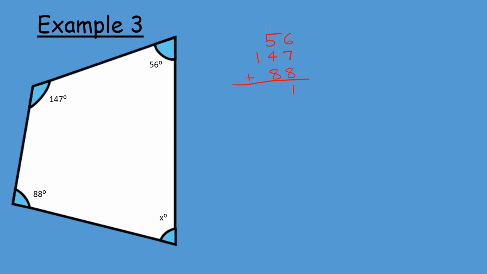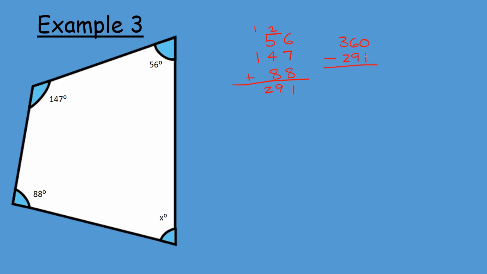I'm going to carry 2. 2 plus 5 is 7. 7 plus 4 is 11. Plus 8 is 19. So we've got 9. I'm going to carry 1. And 1 plus 1 is 2. So we're going to say 360 take away 291.